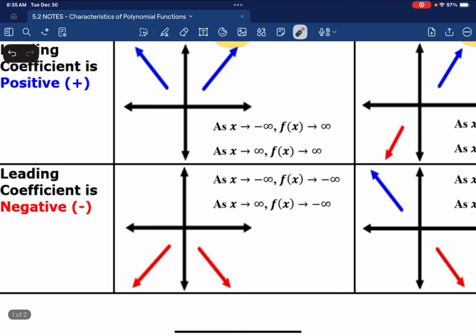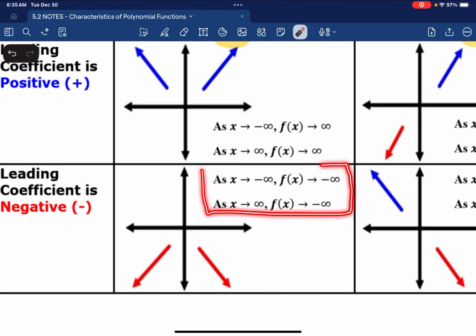And what's nice is you're always going to use this as your starting value, like your sentence stem, if you will, okay? As x approaches negative infinity, f of x is approaching blank. As x approaches positive infinity, f of x is approaching blank, okay? Same is true down here.